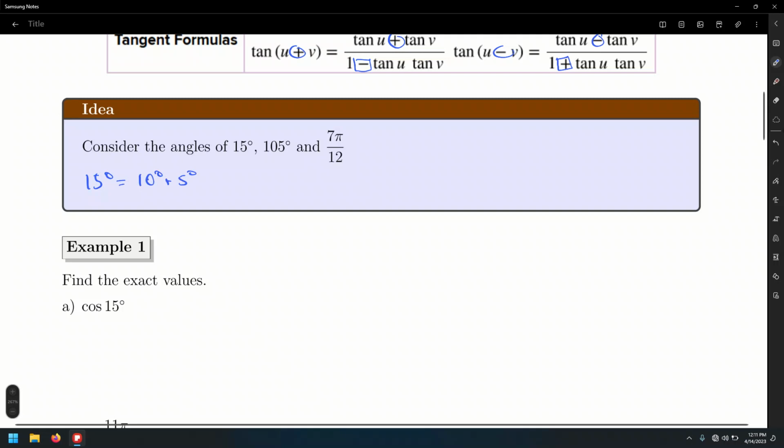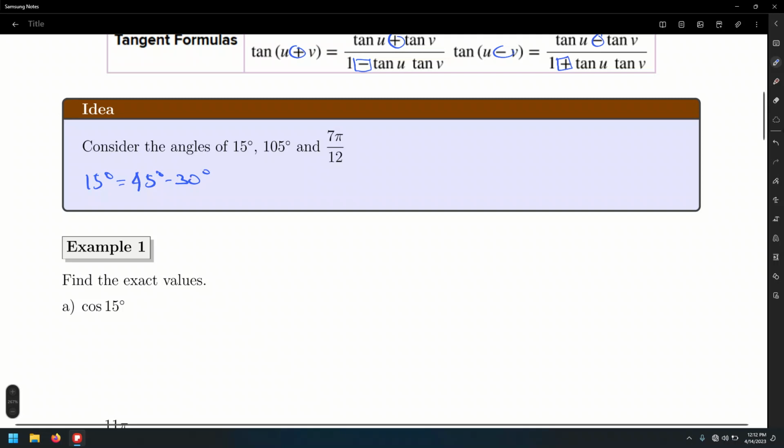However, neither of these two angles, 10 and 5, is a nice angle from the unit circle, so this is not going to work. How about we use the difference instead? How about 45 degrees minus 30 degrees? That's going to do it because we have angles for which we know special values.